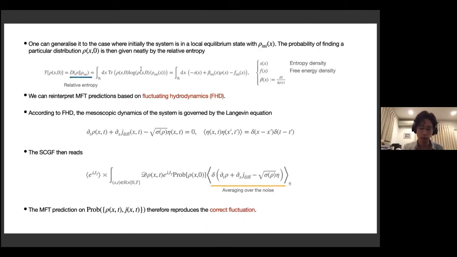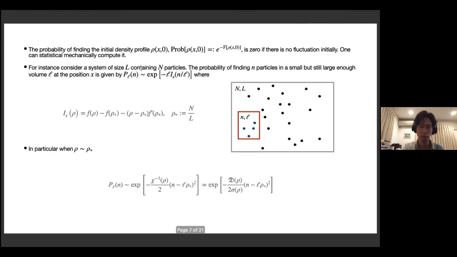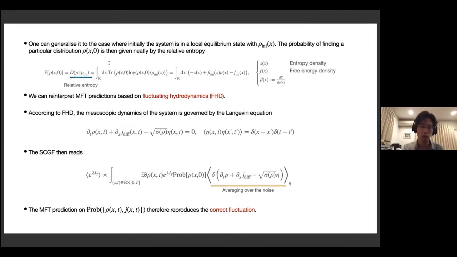So let me give you some more solid justification. You can generalize this argument to the continuum case, not just to a bunch of particles, even to an infinite number of particles. Initially the system is in local equilibrium with a given distribution, and then you can think of the probability of finding a particular distribution, rho of x at time 0, that is deviating from this initial local equilibrium state.